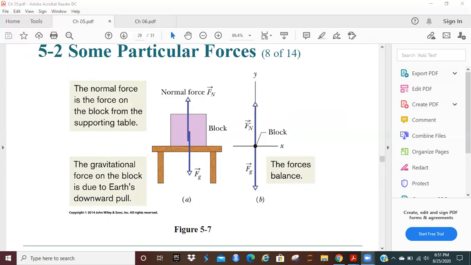What is the name of this diagram right here? Is that a free body? That's right. We have taken the block, removed it, and now all we're doing is showing the net forces on it. And what can we say about the normal force and the force of gravity?